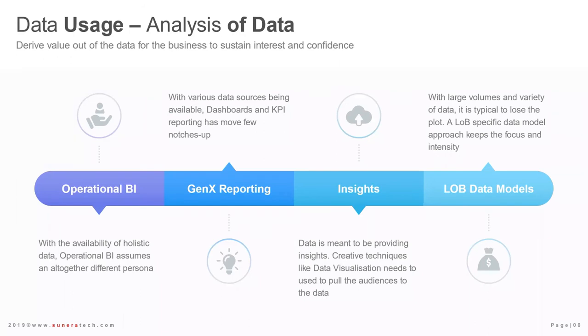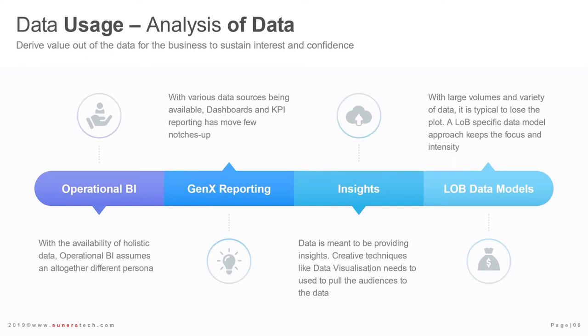Okay. So now, we spoke about building the data architecture so that we can consume all the data, right? Now let's talk about the usage, the data usage, how this data is being analyzed by the business. These are the four top categories which we are seeing. I would put a fifth one as well, but we will come to that in a later slide.